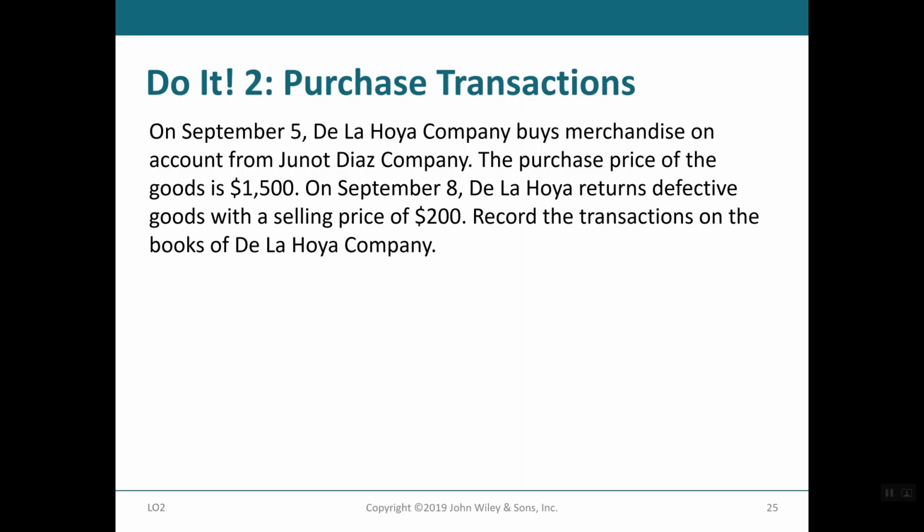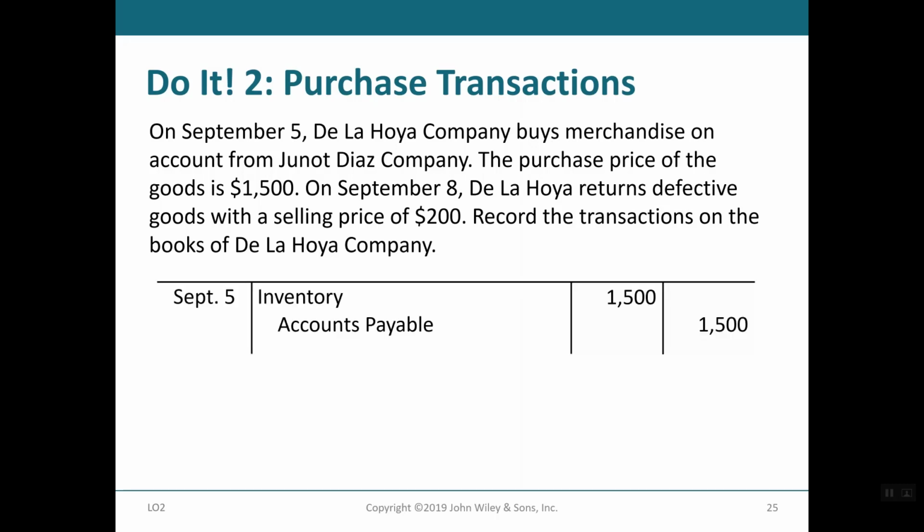Record the transaction on the books of De La Hoya. De La Hoya is the buying company, and they bought from Junot Diaz Company, so we're looking at it from the point of view of the buyer.